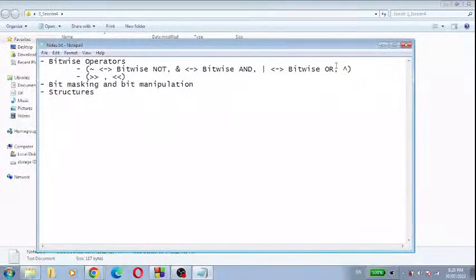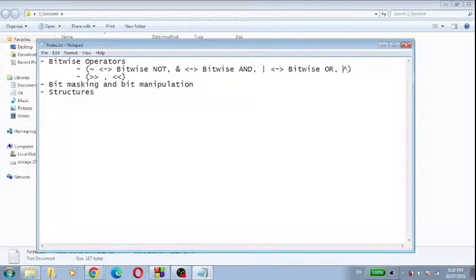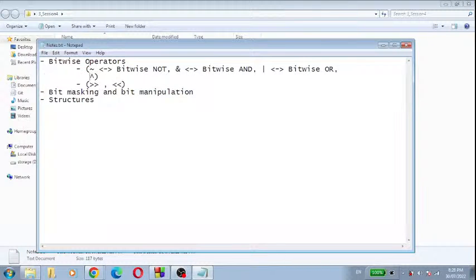And now we have this as bitwise xor. So these are our bitwise operators for the C or C++ language. And these are the shifting operators.